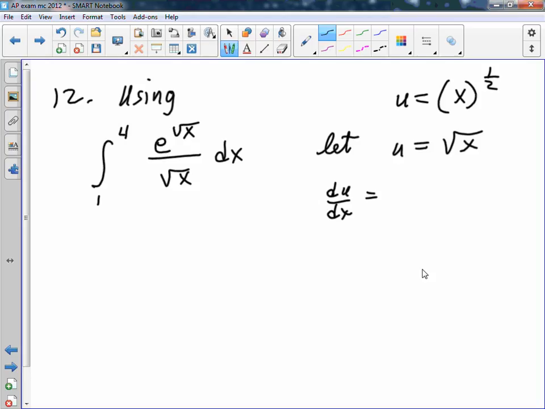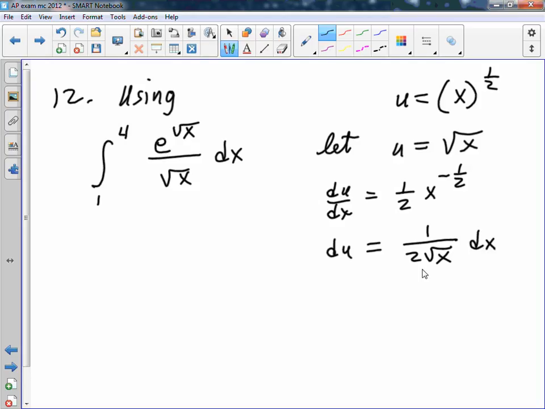What does du dx equal? 1/2 x to the negative 1/2 equals 1 over 2 times the square root of x. And we've done that one a fair amount. And so du equals 1 over 2 times the square root of x dx.